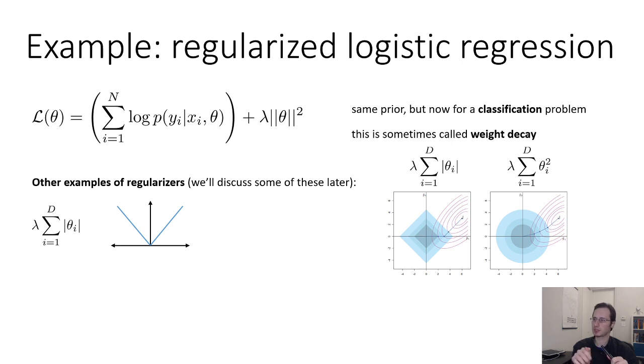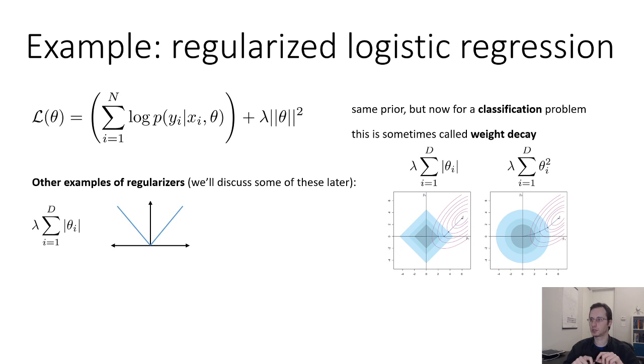Those ellipses, the kind of reddish-purple ellipses, those denote contours of a log likelihood. So that's basically the first term in the loss. And these concentric circles indicate circles of increasing log likelihood. So if you didn't have any regularizer, you would just go straight to the middle of the innermost ellipse.